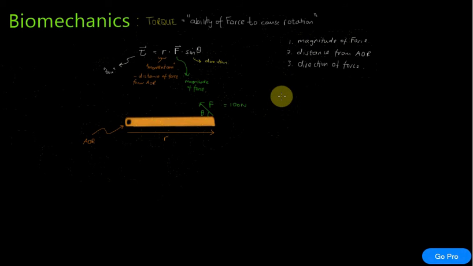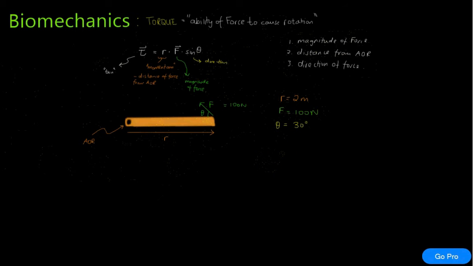Say for example that the length of R was 2 meters. We've already got the magnitude of our force, which is 100 newtons, so F is 100 newtons, and we've got our direction of force application in this case, so theta will be 30 degrees, right?